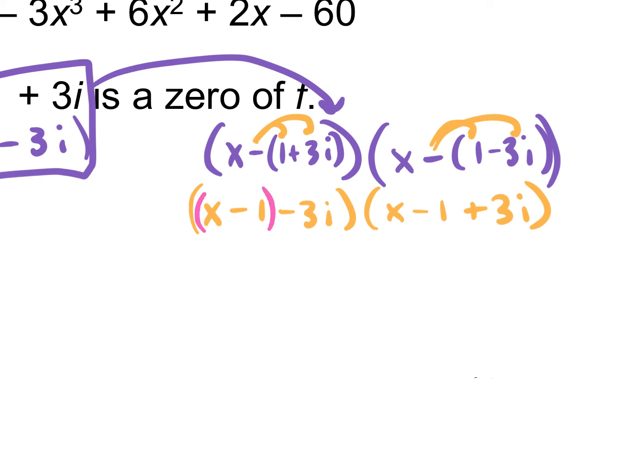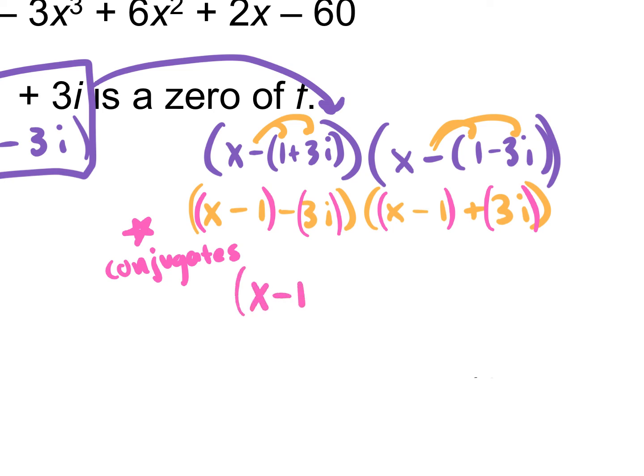I have x minus 1 as my first term, and then 3i as my second term. So these are conjugates. So that means I can do my conjugate shortcut. So I can say my first term, x minus 1 squared, minus my second term, 3i squared.